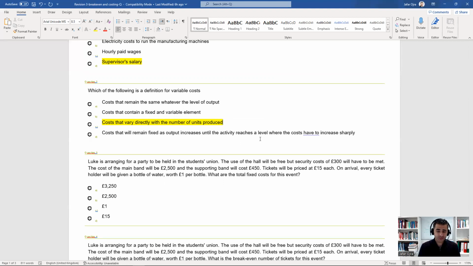However, the fixed cost per unit is changeable, because when the activity increases, the fixed cost per unit will be less. That's what we call economies of scale. Total variable costs change with the production change, but the variable cost per unit is fixed. So you need to distinguish between these two terms.